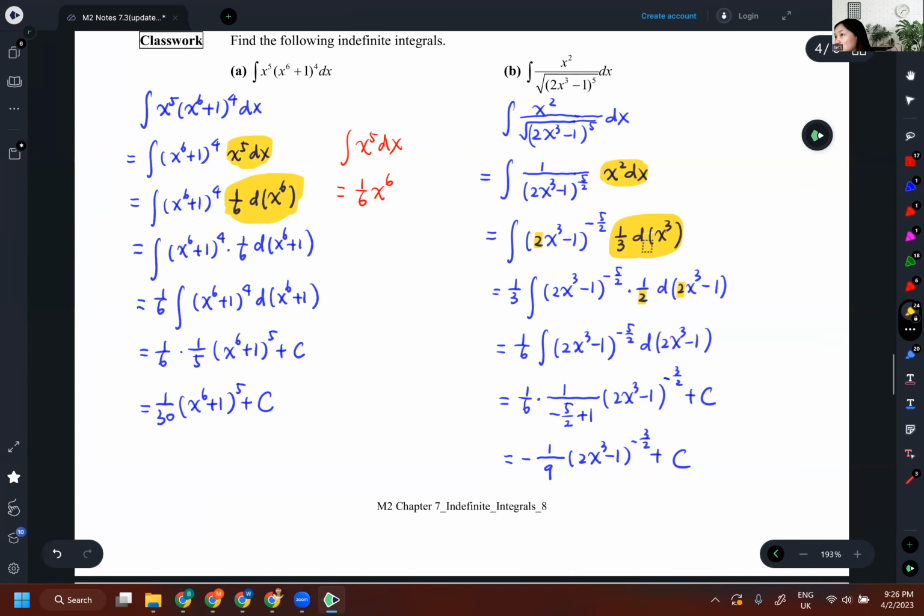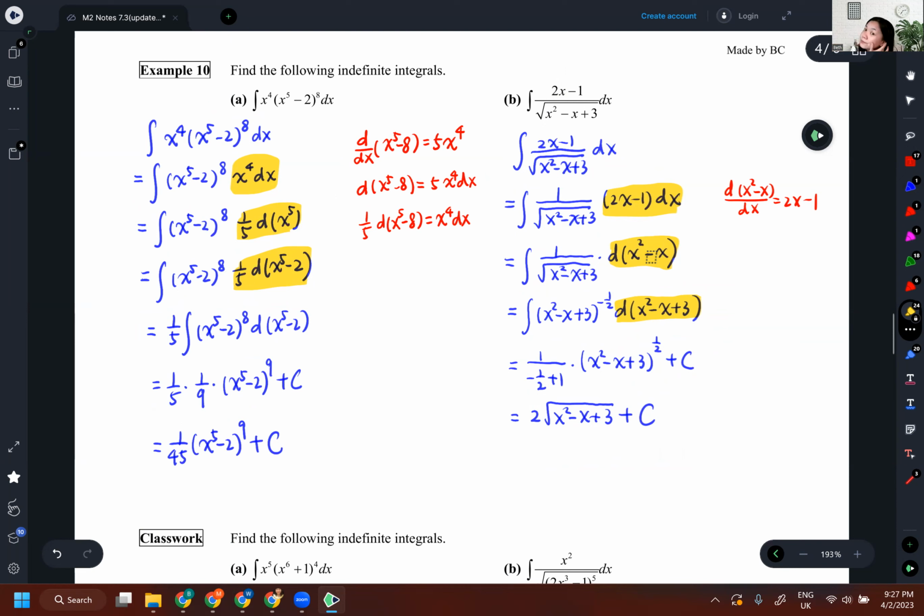In my example, 4 becomes 5. And here this is x to the power 1, so 1 becomes 2, and the constant becomes x. So it's basically 1 degree higher.